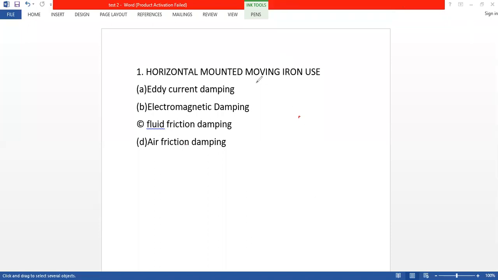It is a moving iron instrument. The first point you note, and the second point you should note, is that it is horizontal mounted. First, moving iron is used for both AC plus DC. Second, it has a non-linear scale.